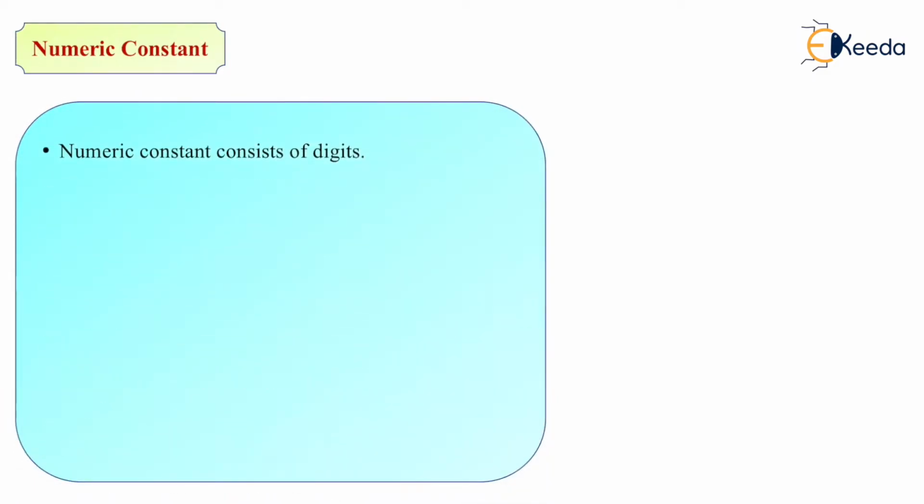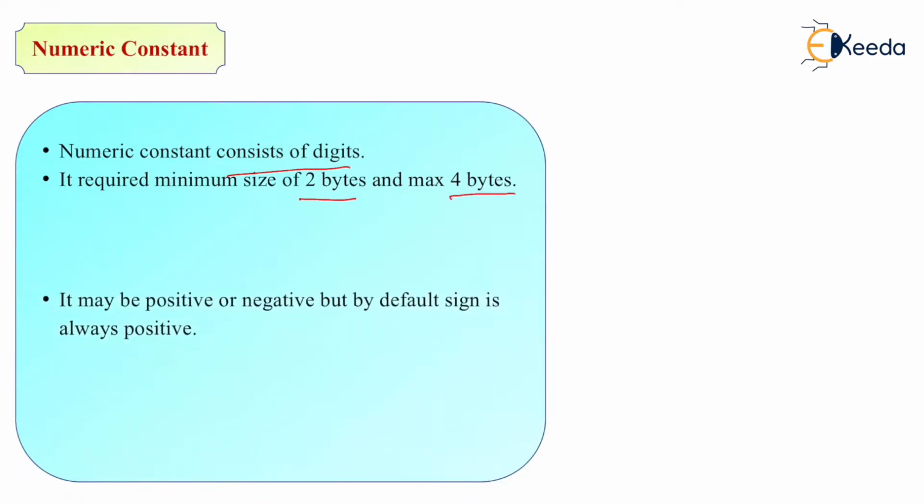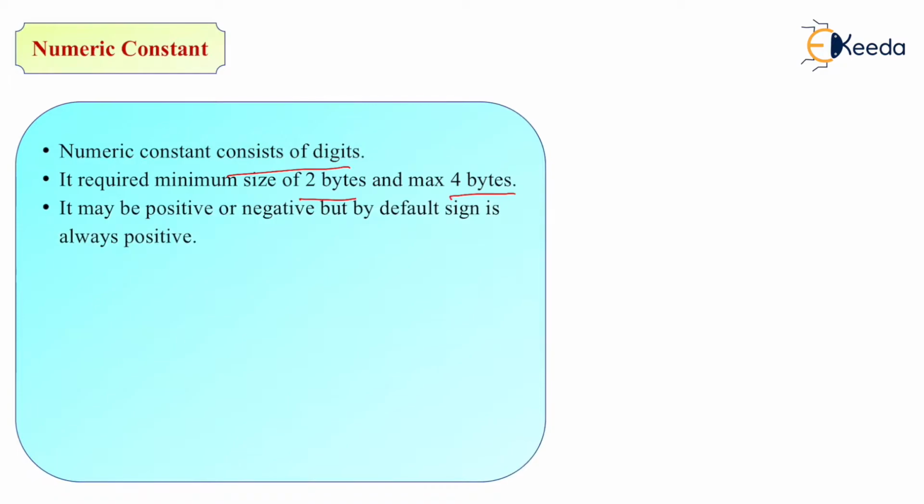A numeric constant consists of digits. It requires a minimum size of 2 bytes and maximum till 4 bytes of data. Next, it can be positive or negative, but by default the sign is always positive.